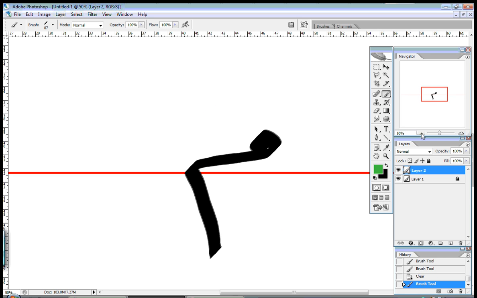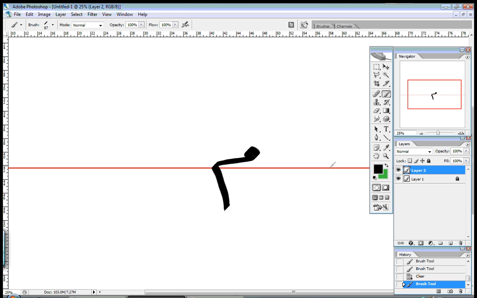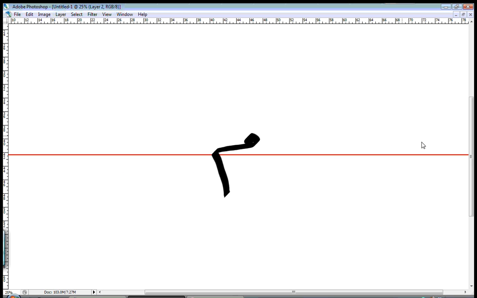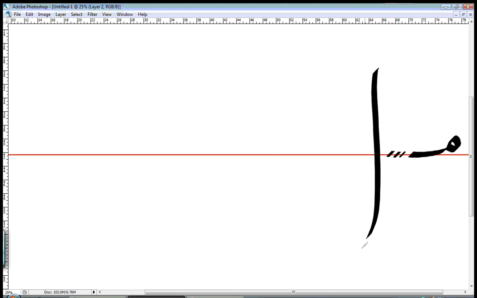Okay, let's see how we write that in a word. The beginning of the word, there are actually different ways of writing it. I'll go with the traditional one first. So it's like this. You curve it and you go down and connect it like that.